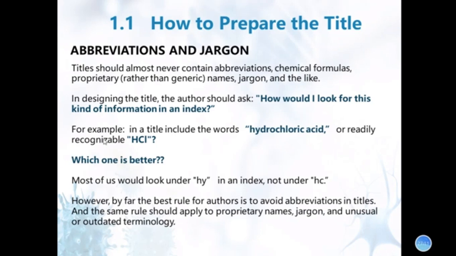For example, including the words "hydrochloric acid" in a title is okay, but what if you change it to HCl? Which one do you think is better? Of course, hydrochloric acid is better. Most of us would look under HY in the index, not HC.